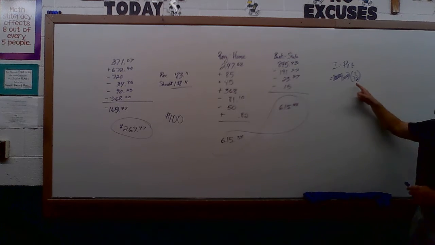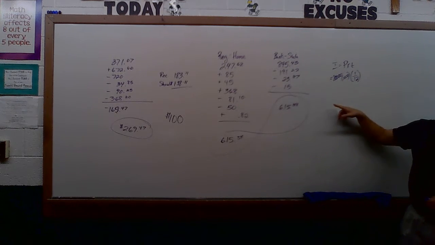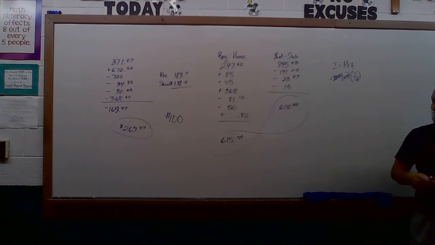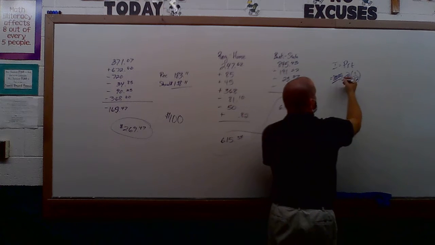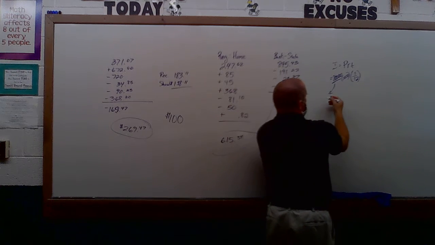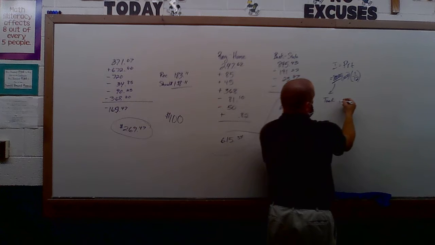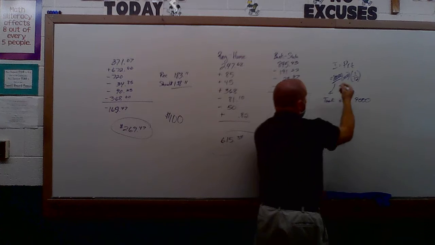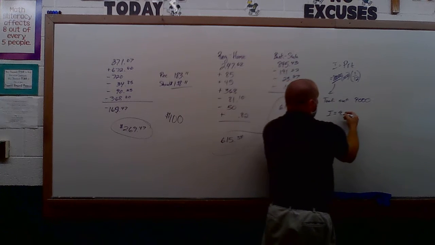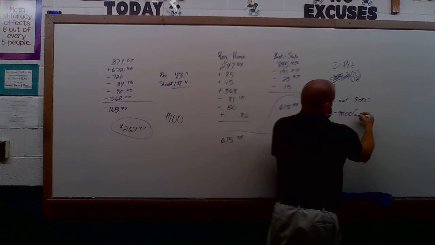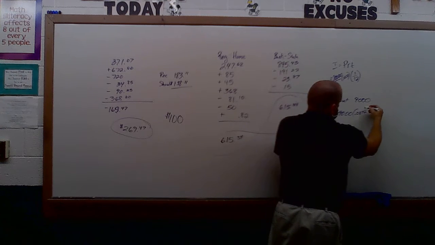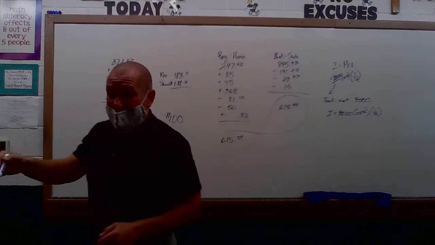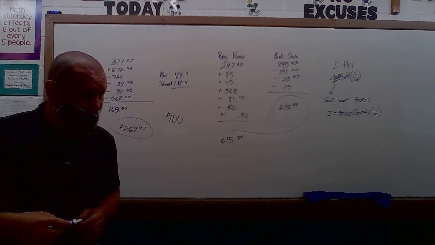If I had this amount in there, but they said I took out $9,000, then my formula would be 9,000 times 0.0272 times 1/12. I only pay my penalty on what I take out.